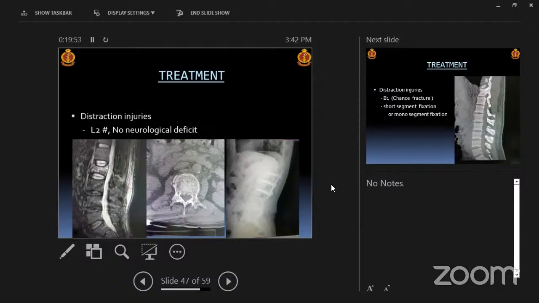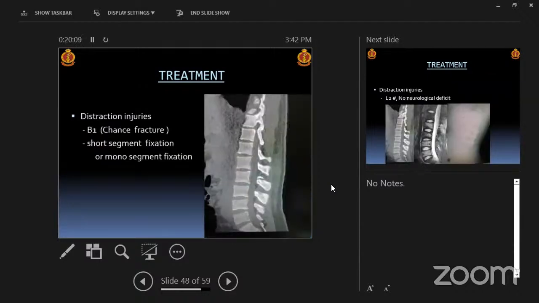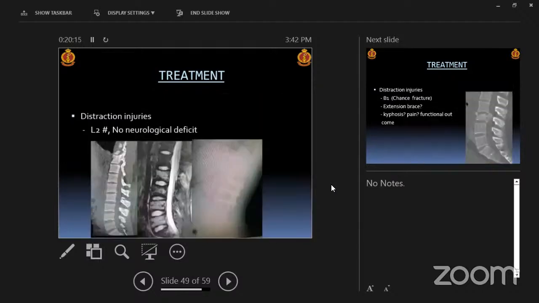In this fracture, let's say 2 points, the PLC is injured so 3 points, so total is 5. This is a thoracolumbar fracture, right? So here we went for short segment fixation. The Chance fracture also gets short segment or monosegment fixation. Here, in the fracture of the posterior elements and anterior elements, this is like a bony Chance, so we went for short segment fixation.